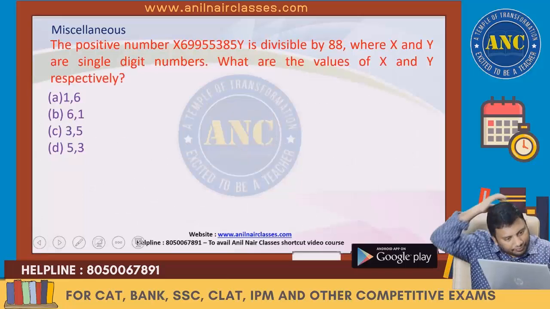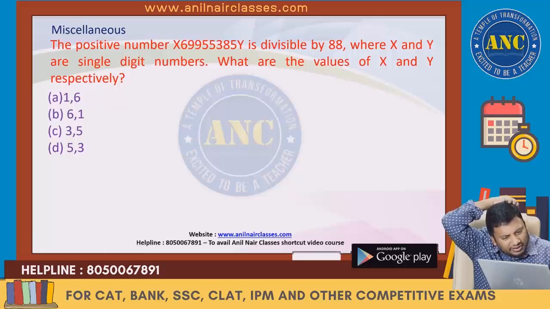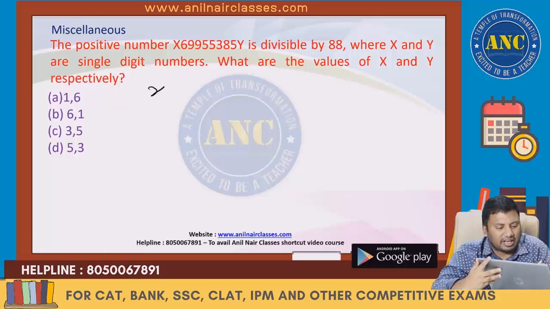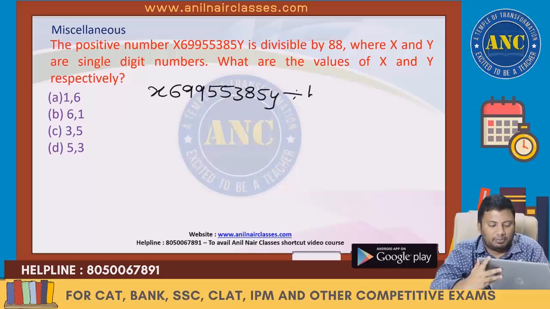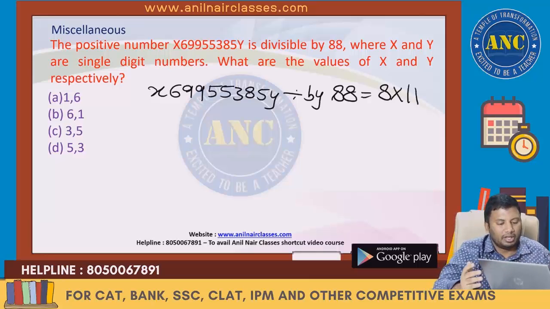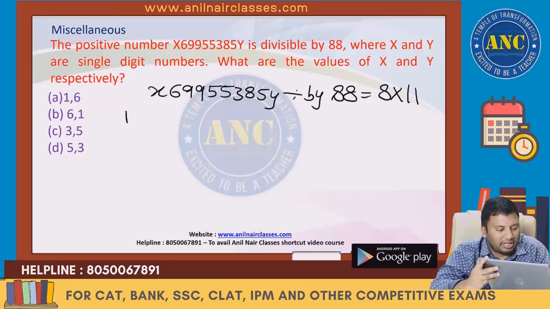Next one. Find the positive integer such that x6995538 is divisible by 88. 88 is nothing but 8 into 11. So what is the divisibility rule of 11?